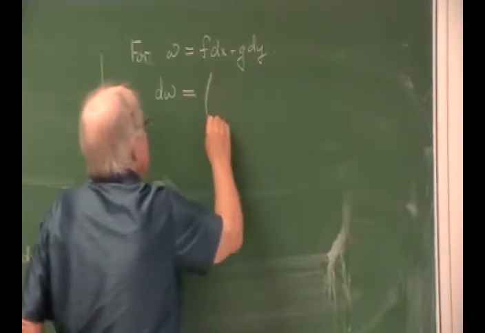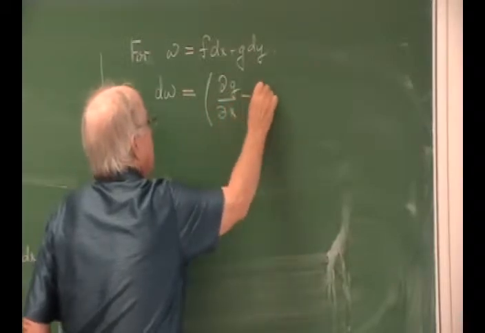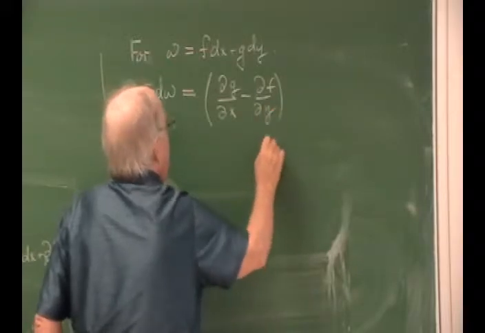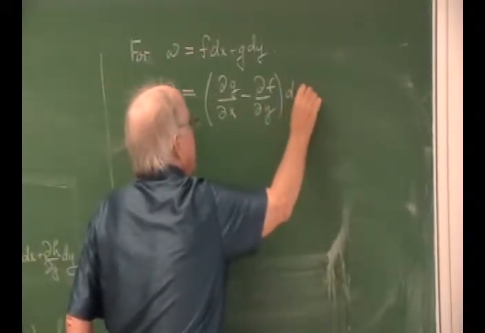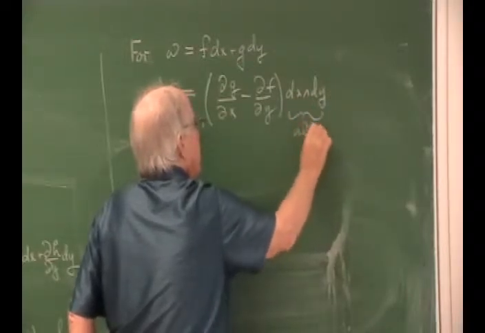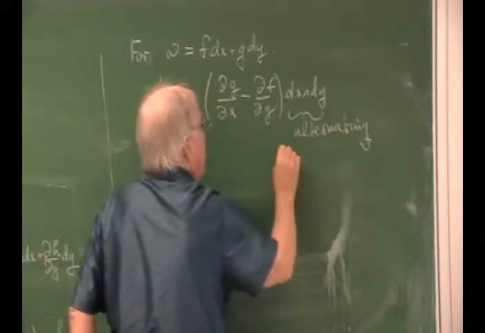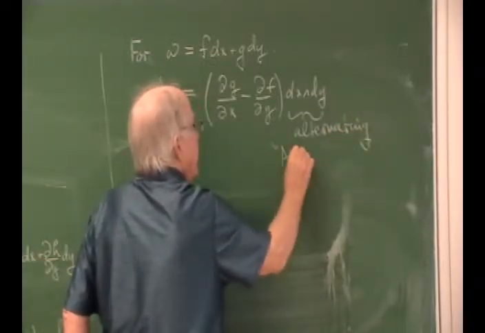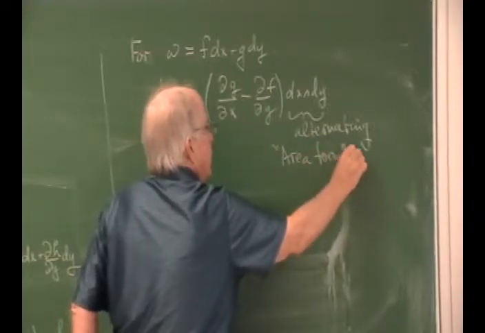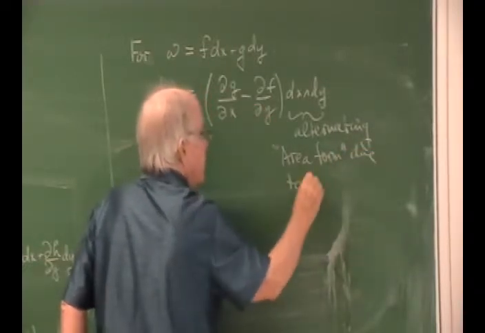It is the partial of g with respect to x minus the partial of f with respect to y. And you have to really think of this as a two-form, which is alternating because of area. Alternating, the physicists would say here, area form, due to orientation. And that's the reason it's minus signs here also.